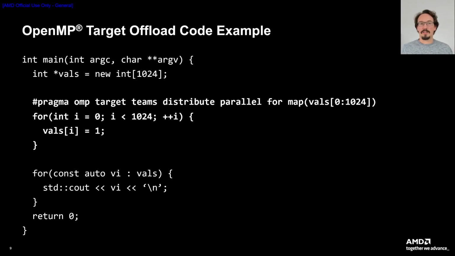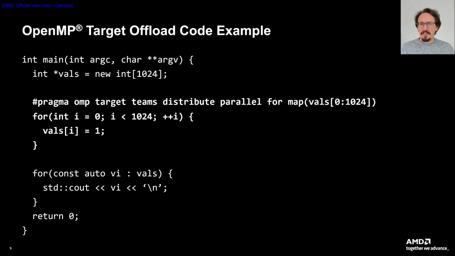The map clause at the end defines the data environment this target region executes in. In this example, it mentions the vals array together with its size, going from 0 to 1024. The compiler and the runtime take care of the data being accessible on the GPU when the target region, a so-called kernel, is actually launched.